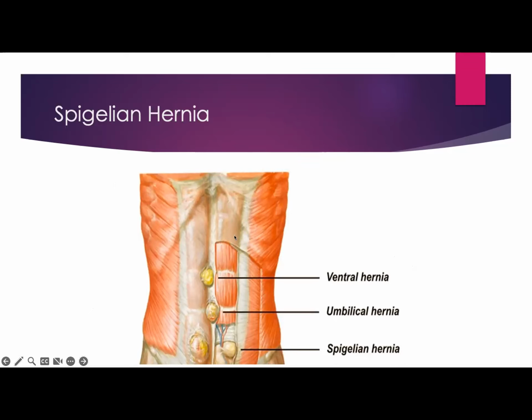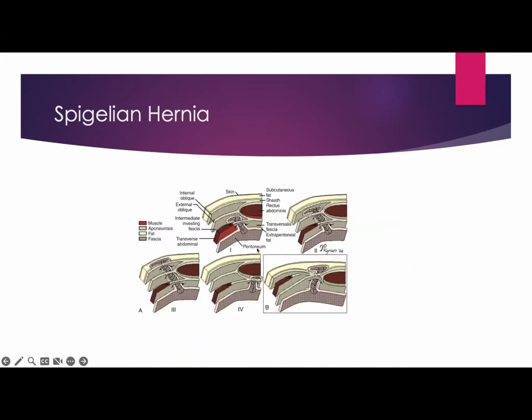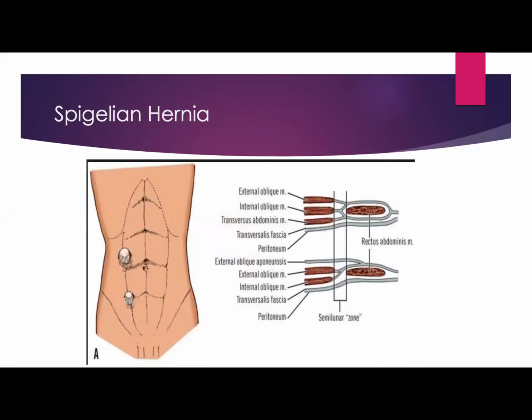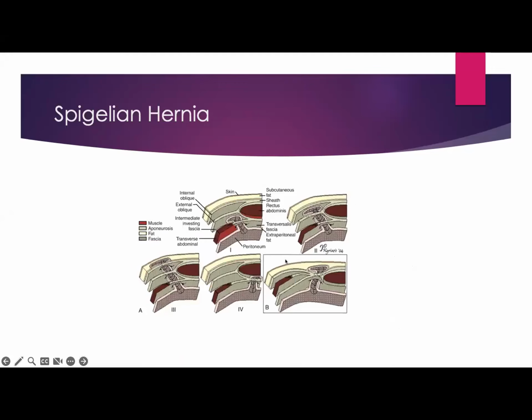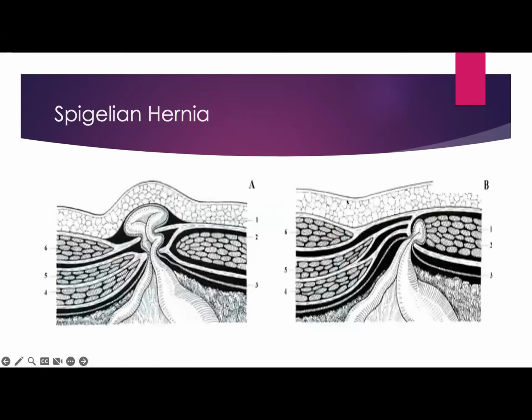So it's going to be over here at this line. So it's between the recti muscles and the obliques. As you can see, it's over here. So, in regards to this type, you only have to know the location. Okay. So these are all images of this defect.